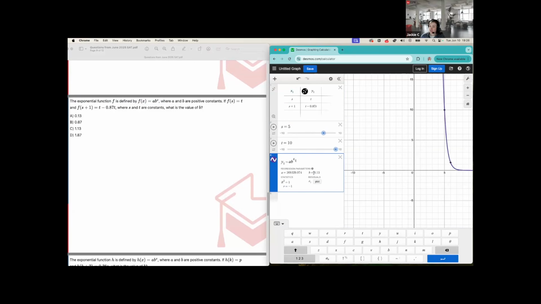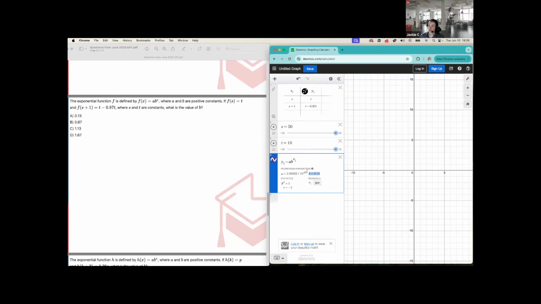And oh my goodness, look, that's exactly what I solved for previously, which was 0.13. Wasn't that amazing? You can see I could have put the s value to anything and it doesn't change. b is going to stay consistent at 0.13. Wasn't that so cool and so amazing?